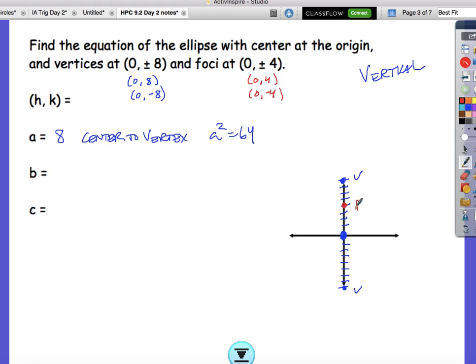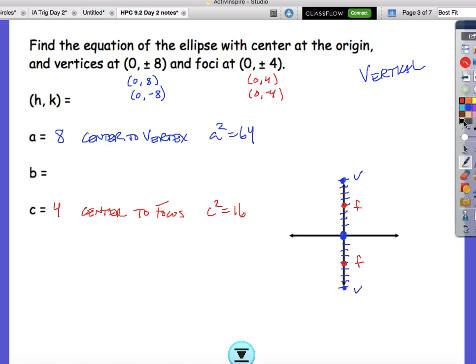So here is a focus, and here is a focus. And now I know the letter C, because C goes from center to focus, and that distance is 4. So that means that C squared is 16.